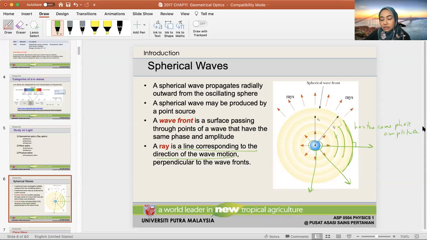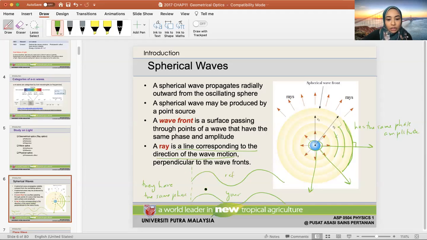What is phase? If you do not remember, I told you from a lecture before, phase is when you have a reference wave and you have another wave that you want to compare with the reference. Okay, this is the reference. The second one is your wave. If they start at the same time, they have the same phase.